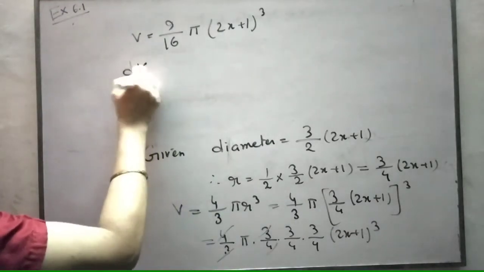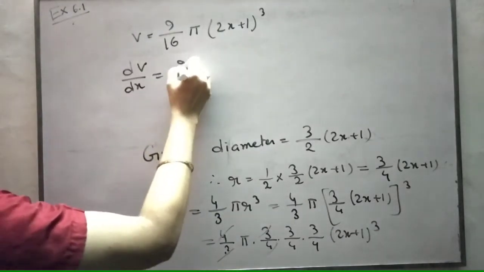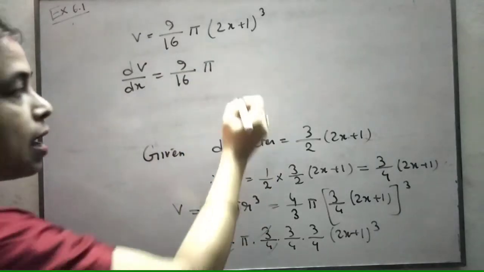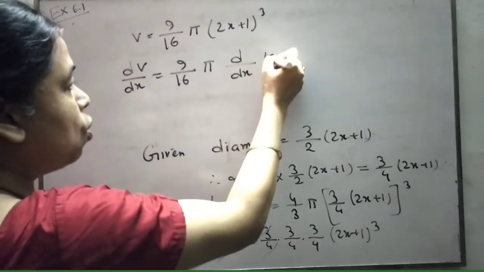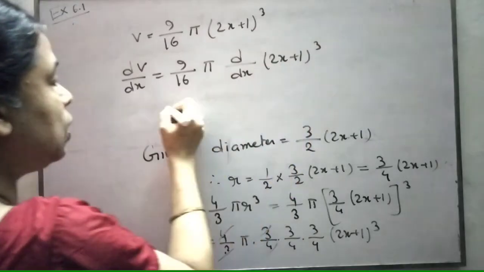So take the derivative of V with respect to x. On the right side, 9 by 16 pi is constant and comes out, and we have d/dx of (2x plus 1) whole cube.